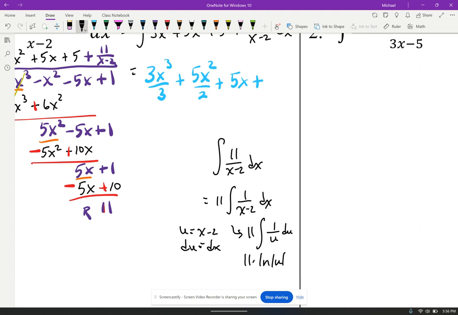There's an 11 there. And then I know that u is x minus 2. So my final antiderivative here would be 11 times the natural log of the absolute value of x minus 2 plus c.